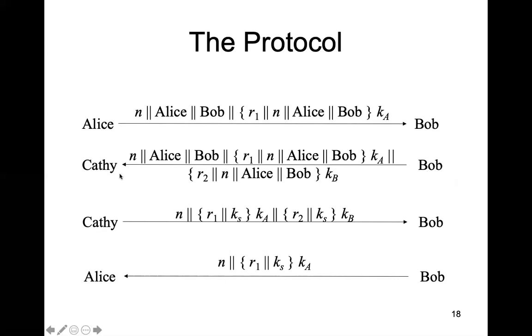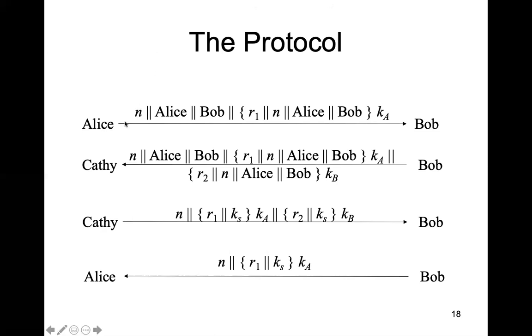So what Bob sends off to Kathy is the same thing that Alice sent him, but now he also takes this N and attaches a second nonce R2, and Alice and Bob, and he encrypts it with the key KB and sends it off to Kathy. So Alice tells Bob, "Look, I want to talk to you." Bob sends the message to Kathy like this, and now Kathy generates the session key.